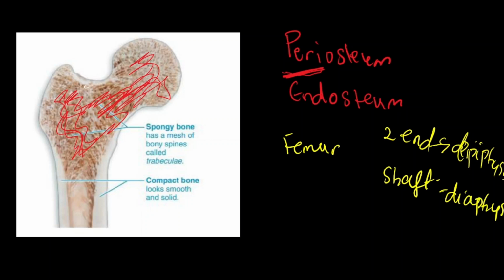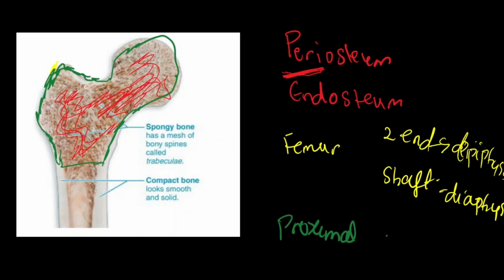Taking a look at this bone, this part from here down to here and here forms the epiphysis of the bone. This is specifically the proximal end of the bone.